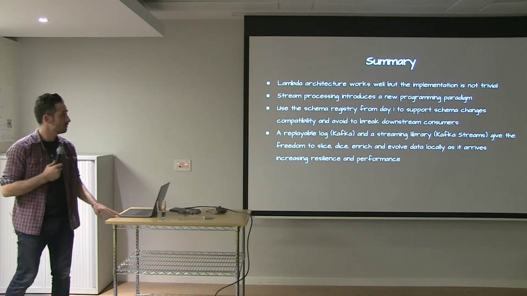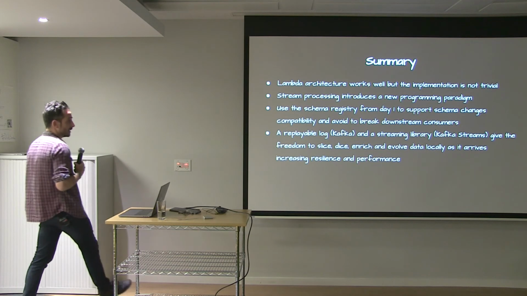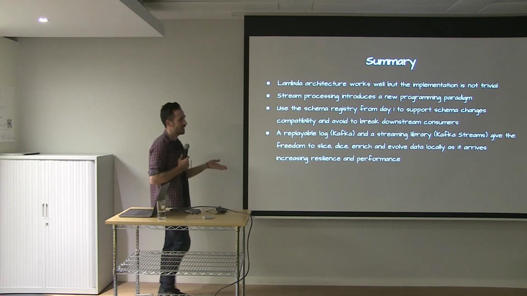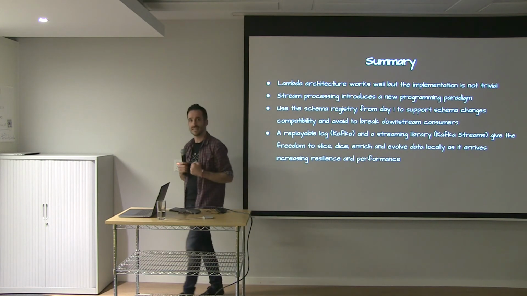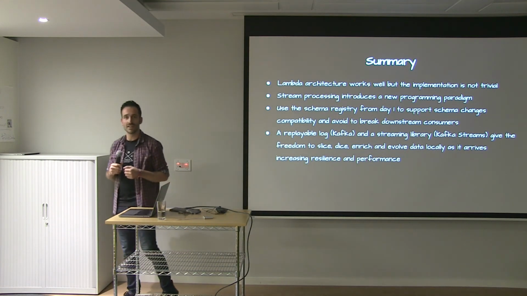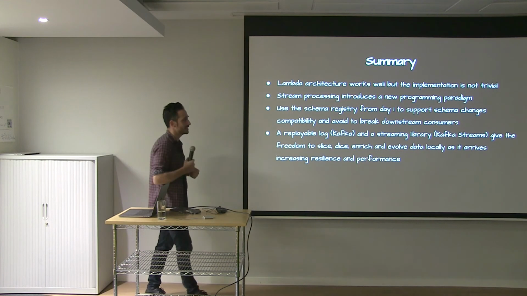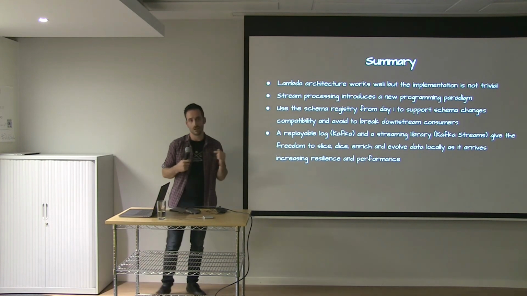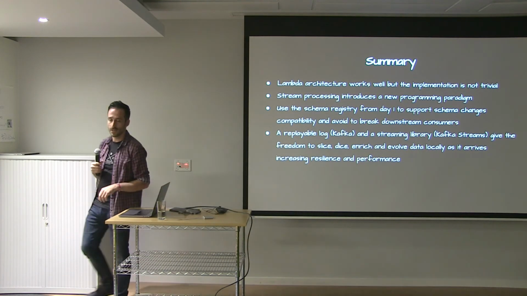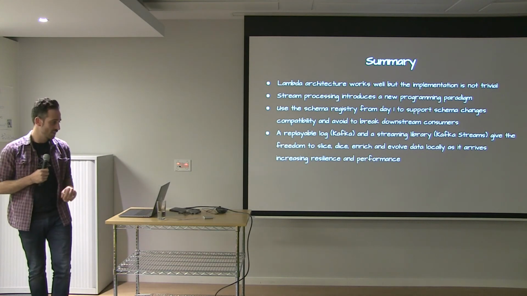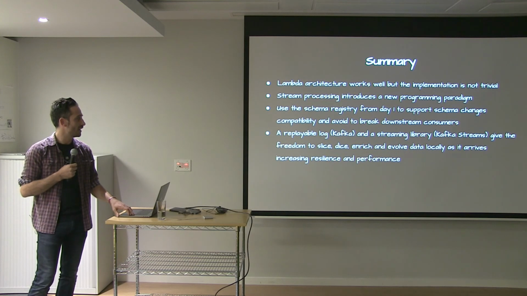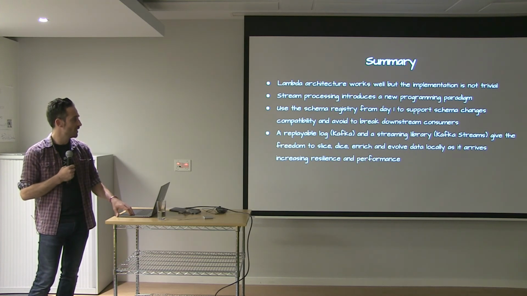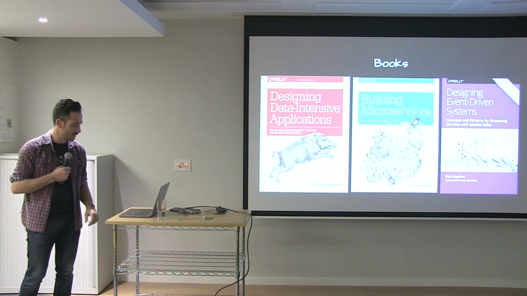And finally, we have seen that a replayable log with a streaming library like Kafka Streams gives us back control over the data. We can now slice, dice, enrich and evolve the data locally as much as we want, more or less like when we had a central database. And at the same time, you increase resilience and performance.